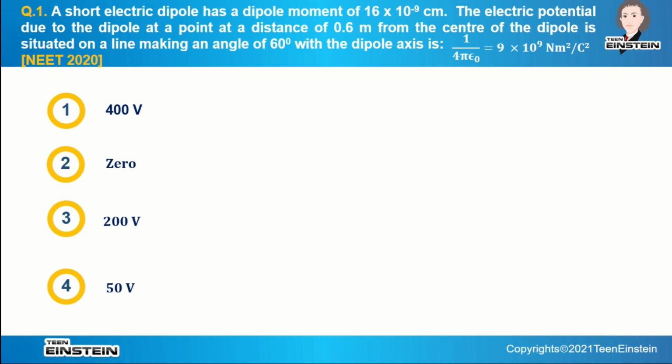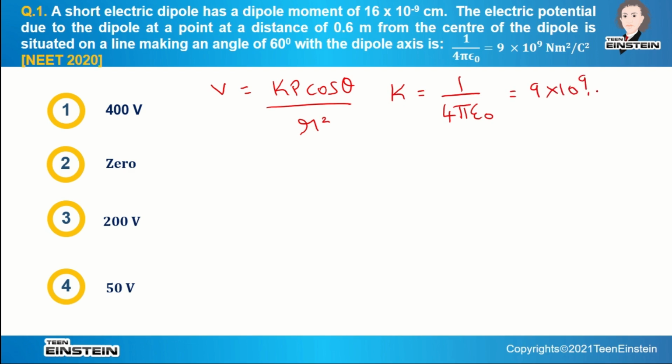Here they want us to find the electric potential. The general formula for the electric potential is V equals K p cos theta divided by r square. They have given the K value, which is 1 by 4 pi epsilon naught, equivalent to 9 into 10 power 9 Newton meter square per Coulomb square.